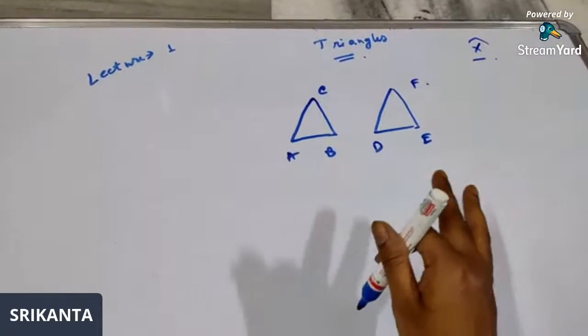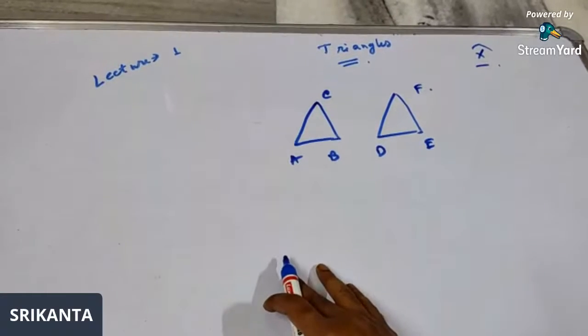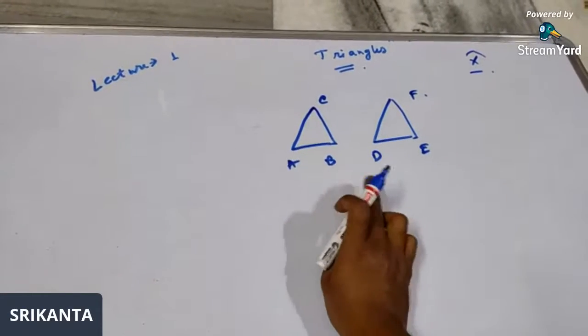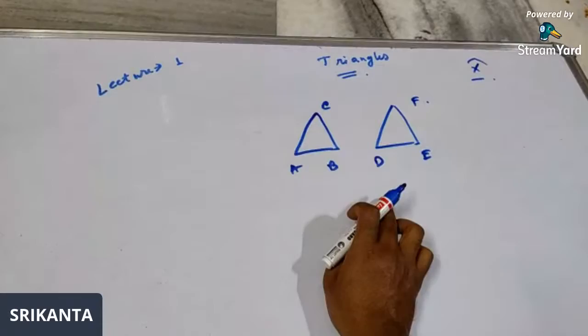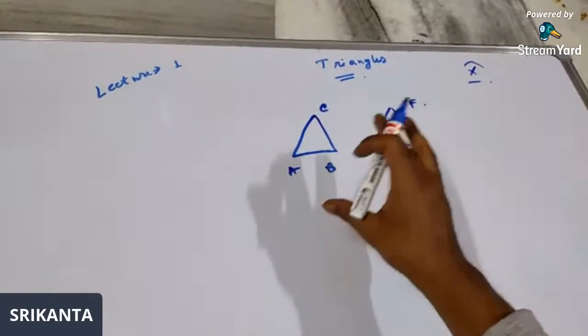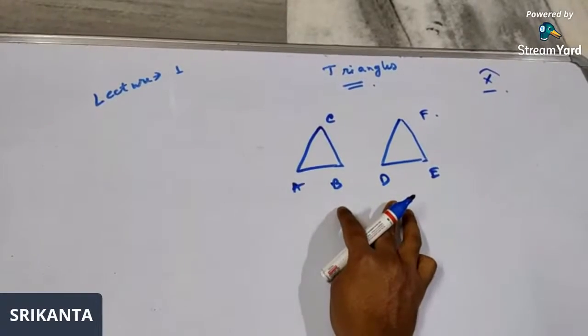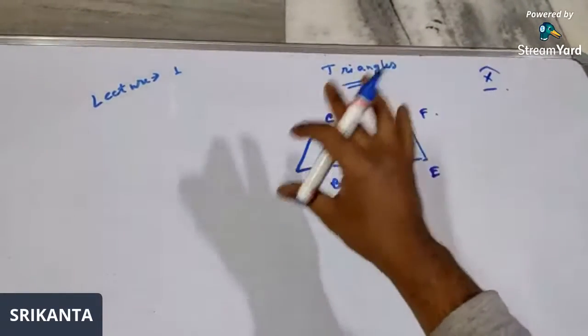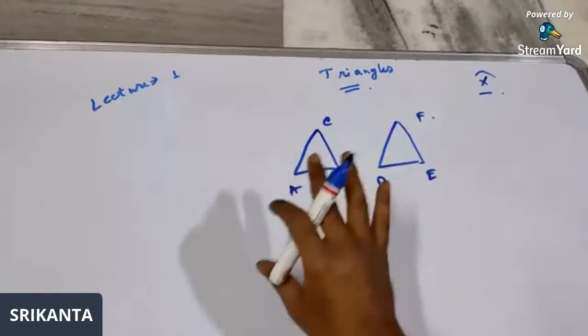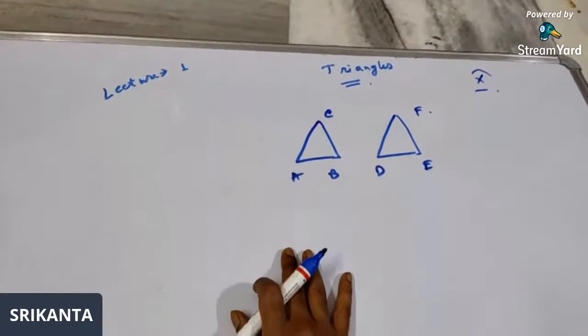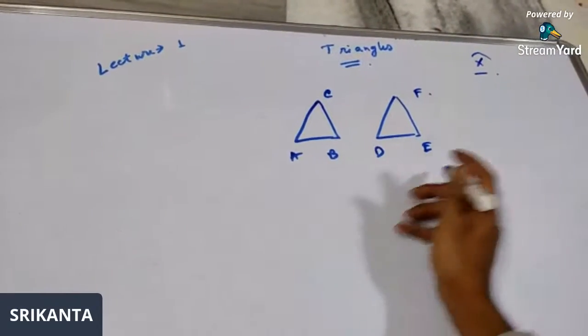These are all we are familiar with, right? So in order to be congruent, these two triangles should be of the same size, same shape and everything. In simple words, these two triangles are congruent means they are of same shape, same height, everything same. Okay, this is congruency.